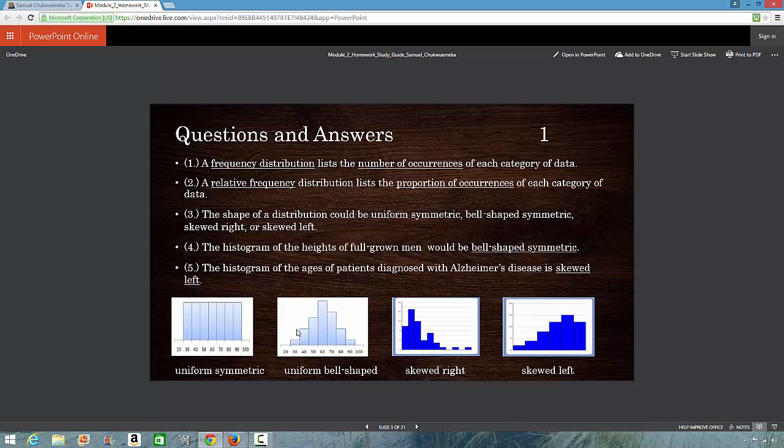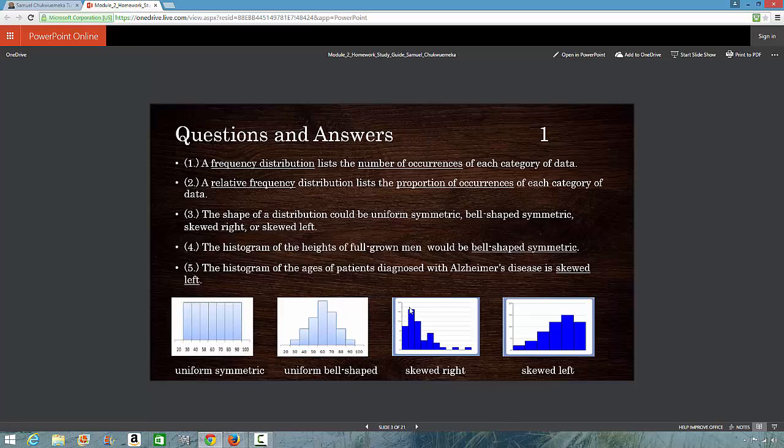If you see it like this, you have a peak here, and this is symmetrical here, like a normal distribution curve. We call it a bell-shaped curve.